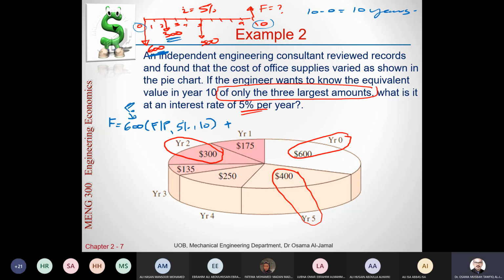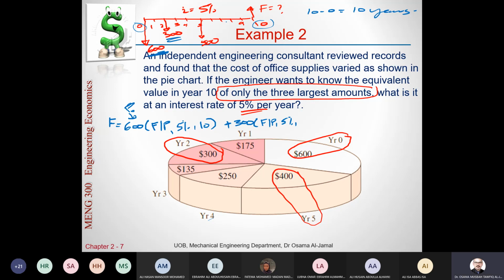The second one, 300. Want to find that F, given P, 5%.